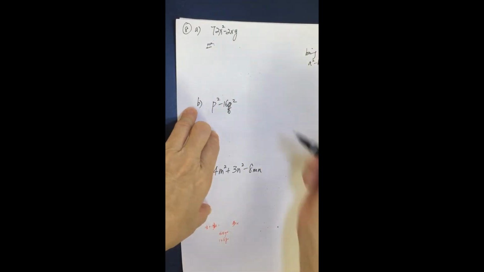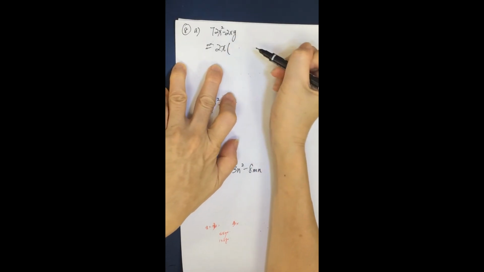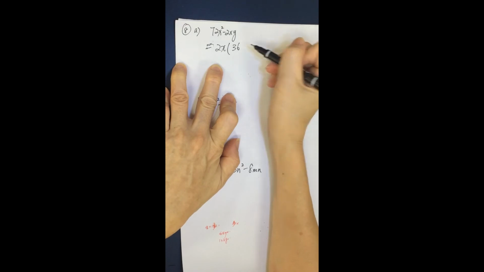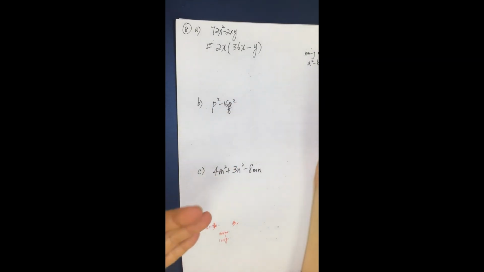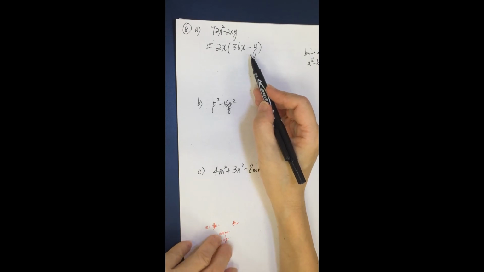In this case, the common factor will be 2x. So this is 36x, then minus y. Is that all? That's all, right? So I'm actually doing the bringing out common factor. Cannot do any more already. There's no more common factor here.